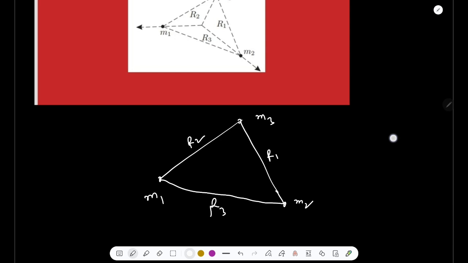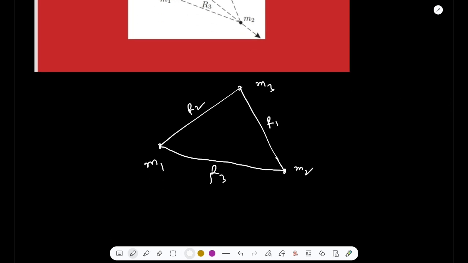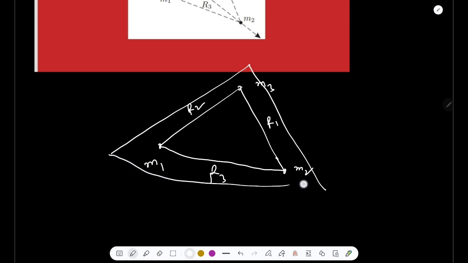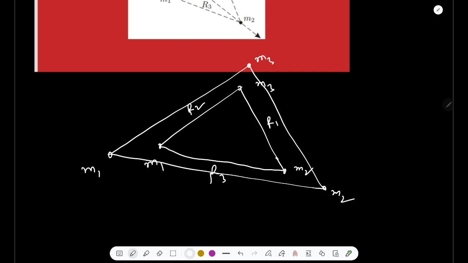And now after some time I can see that they will become something like this. So that M3 comes here, M1 here and M2 here, and suppose this length is R1, this length is R2 and this length is R3 now.